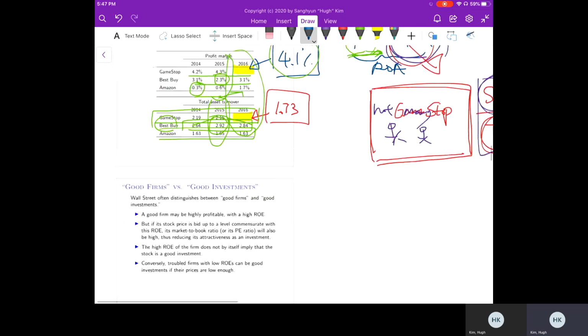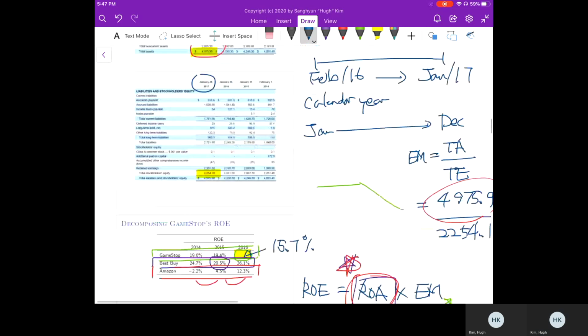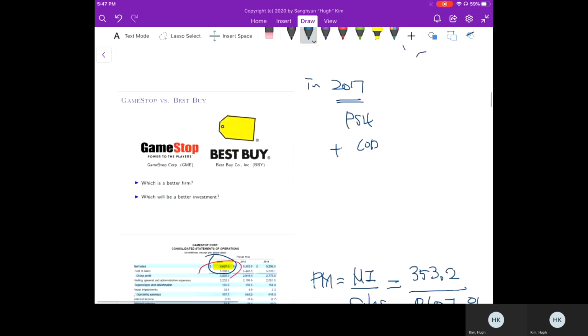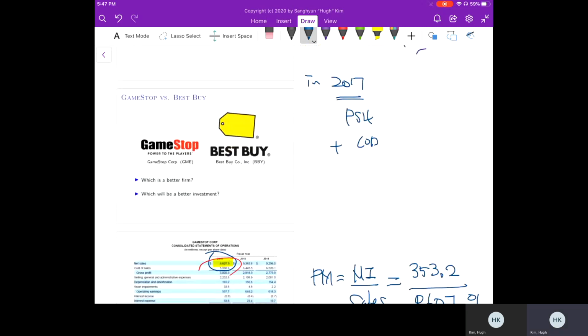So going back to our questions, head-to-head, GameStop versus Best Buy. Which is a better firm? Well, the answer seems to be pretty clear. Best Buy is a clear winner. No offense to GameStop, but Best Buy seems to be a clear winner.